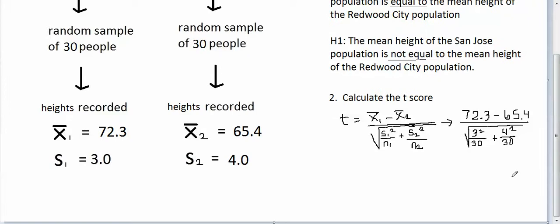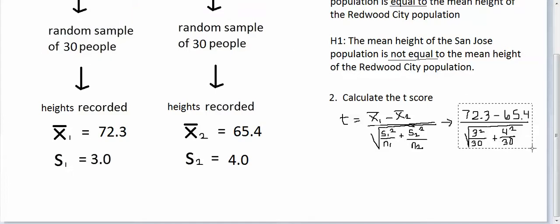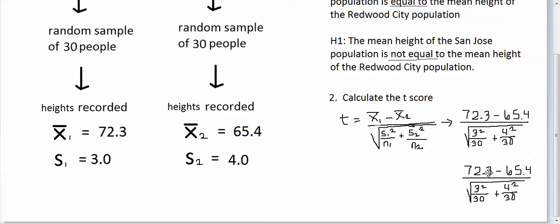Next, we need to square the standard deviations. So 3 squared, 3 times 3 is 9. 4 squared, which is 4 times 4, is 16.